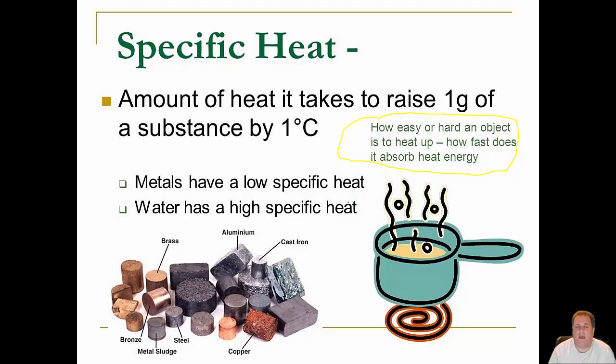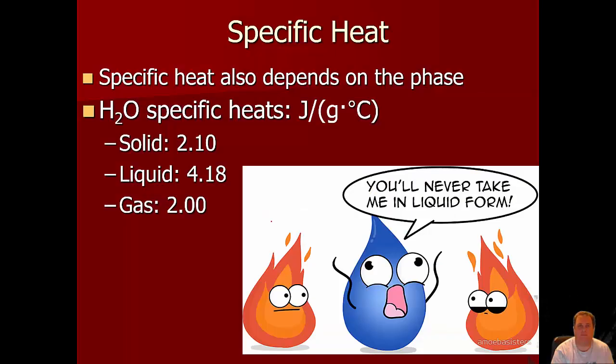But if I had a bunch of water at the same temperature, since it has a high specific heat, it's going to take a long time to cool down. So metals tend to have a low specific heat. Water has a very high specific heat, and because of that has some important properties that we will look at, or effects on our daily lives.